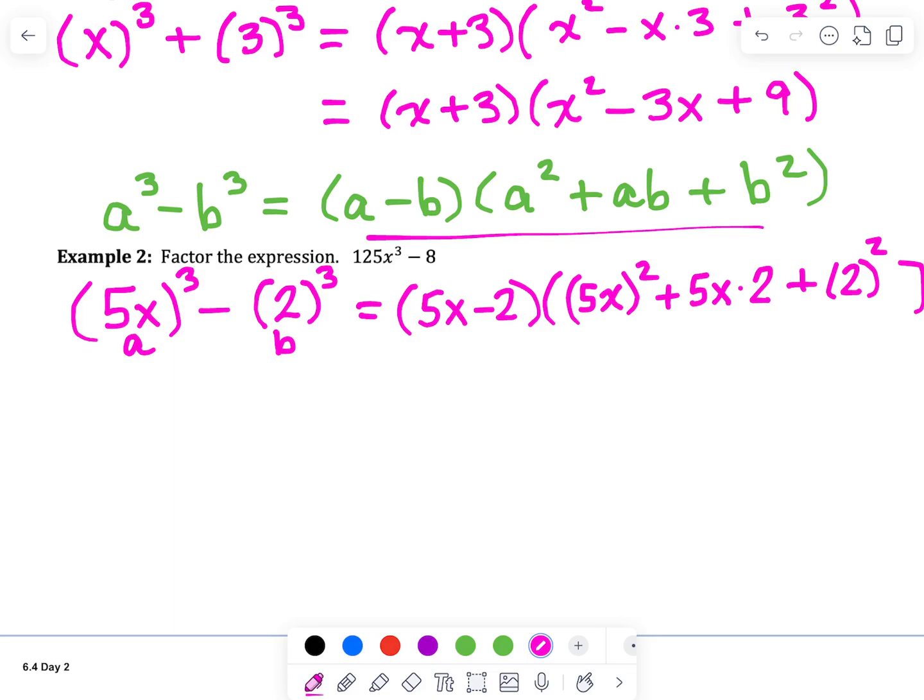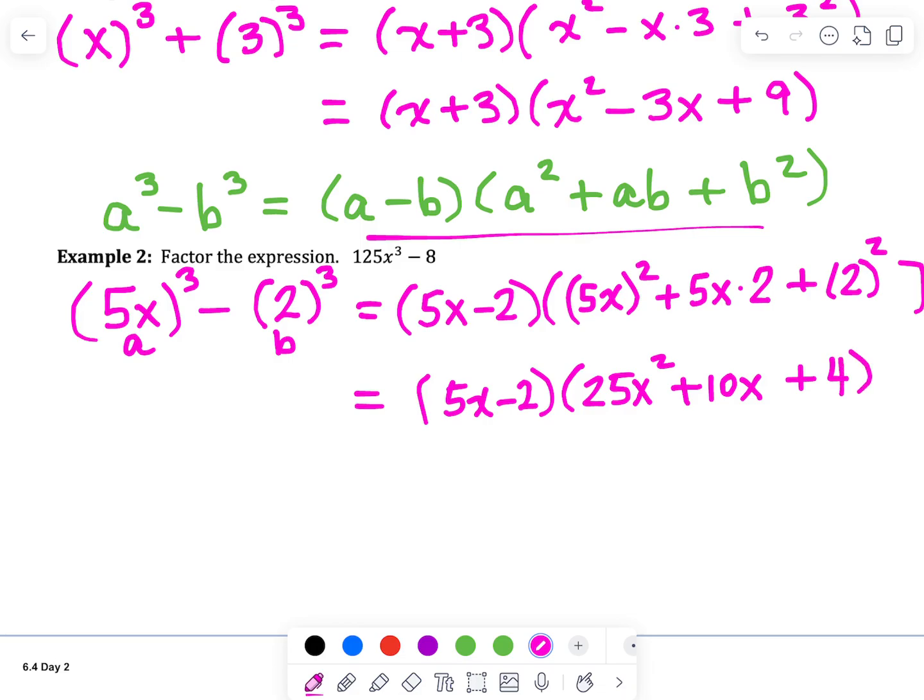So just like the last example, we need to simplify that second parentheses. So 5x all squared is 5x times 5x, or 25x squared. And then we have 5x times 2, 10x, and then 2 times 2, which is 4.